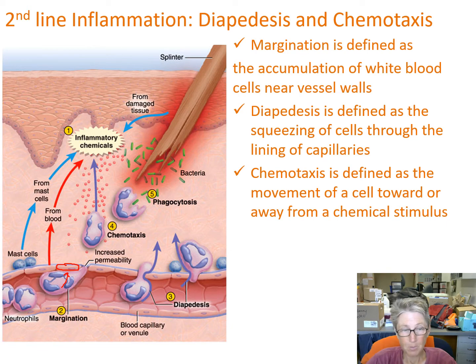And then diapedesis is when the white blood cells emigrate, or diapedese, so kind of crawl or squeeze through the lining of the capillaries where these endothelial cells become loose. And then chemotaxis, the neutrophils do chemotaxis. That's the movement of these neutrophils toward the chemical stimulus. And the chemical stimulus is this gradient of chemokines, which are generally called inflammatory chemicals in this cartoon.